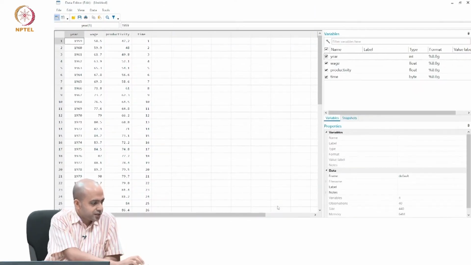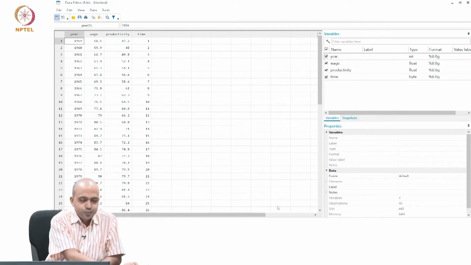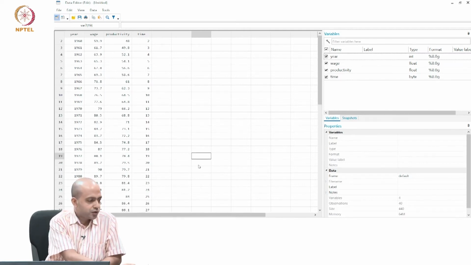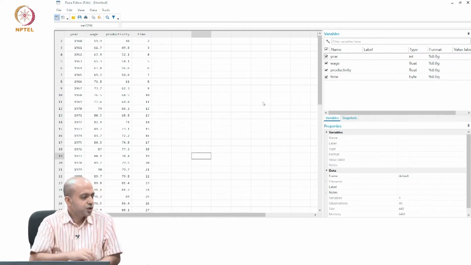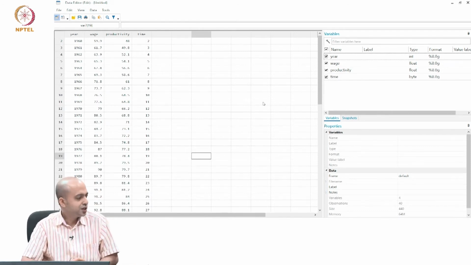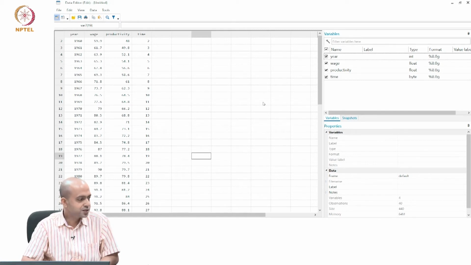See, this is the data set, a time series data on wage and productivity starting from 1959 to 1998. How many years of data do you have? 1959 to 1998, you have 40 years of data on wage and productivity at the economy level, and this data is also taken from the US.